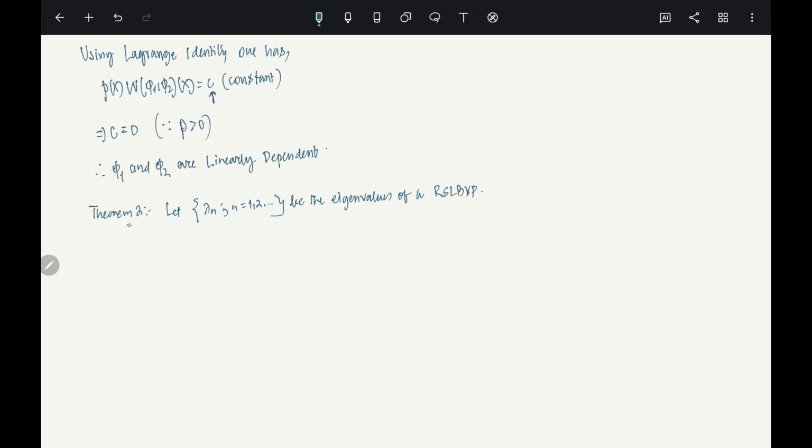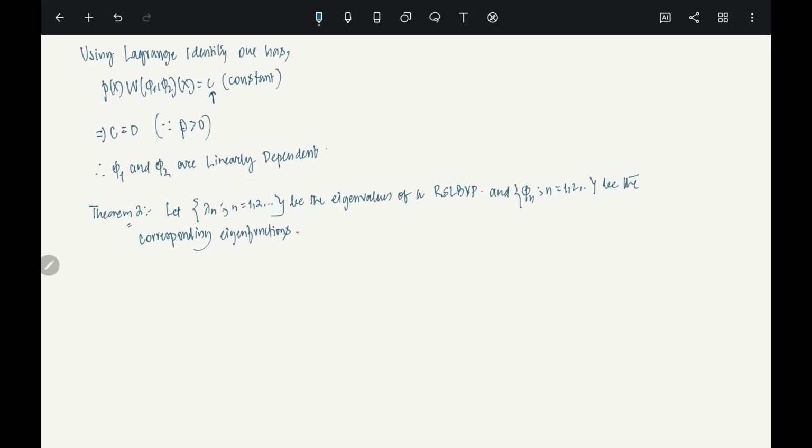These are the eigenvalues of a regular Sturm-Liouville boundary value problem. And let phi n, n equals 1, 2, be the corresponding eigenfunctions. I am writing it in terms of sets, but you do realize what I am trying to say.